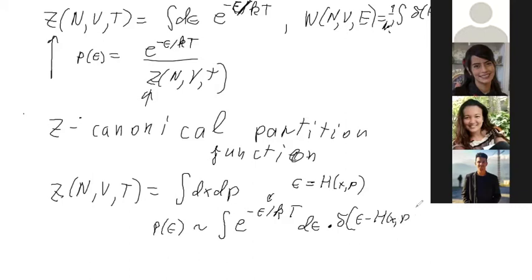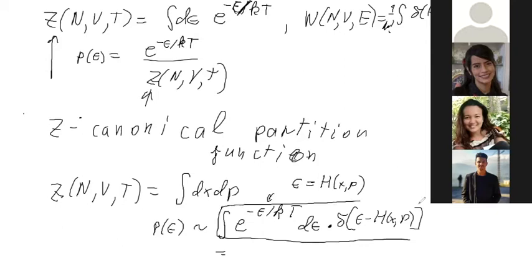Delta function is very often used in statistical calculations to express the idea that this epsilon, I really mean to be equal to H(x,p). And then this integral, what I will get, can you integrate this?